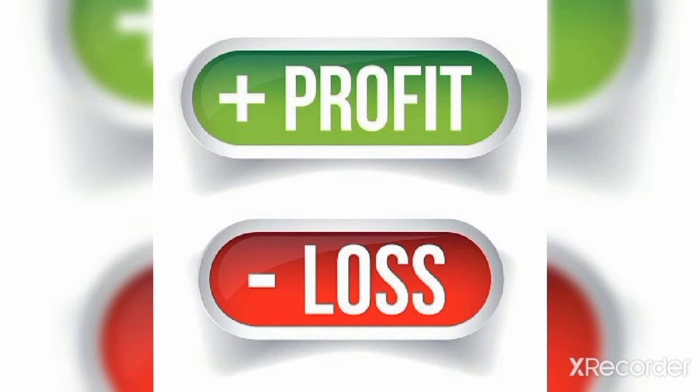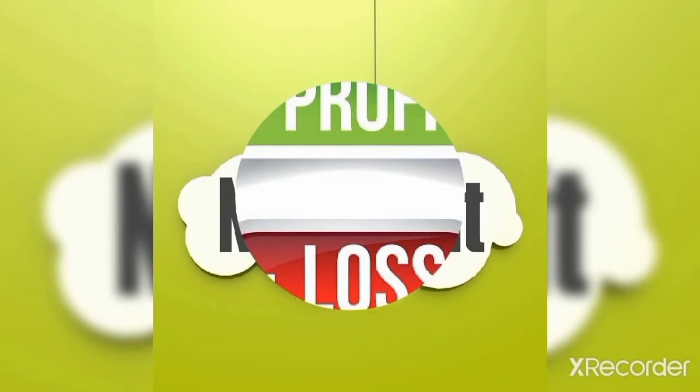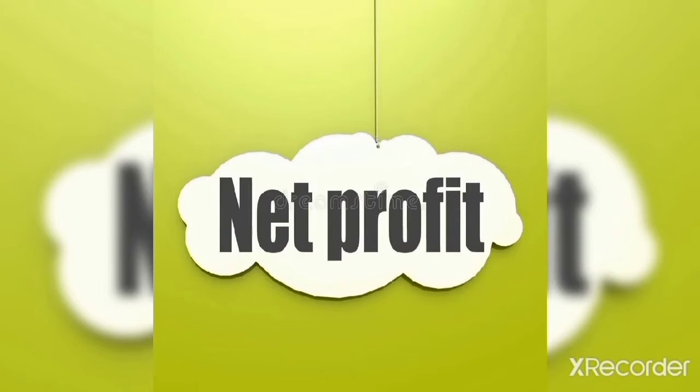But I want you to take note of profit and loss account. In this account, we have debit and credit. Your left from your note is debit and the right is credit. Then we have net profit.